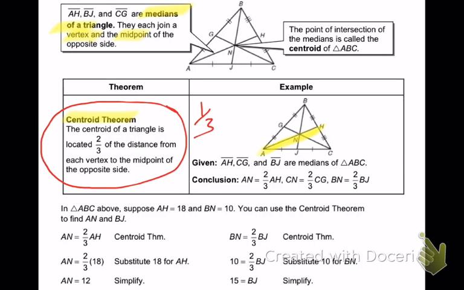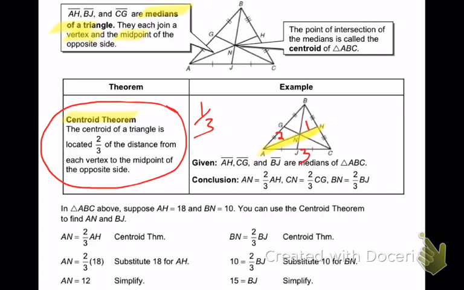If AH is 3, then NH is 1 and AN is 2. So it's saying the centroid is located 2/3 of the way from the endpoint.